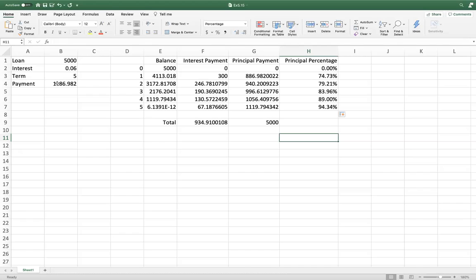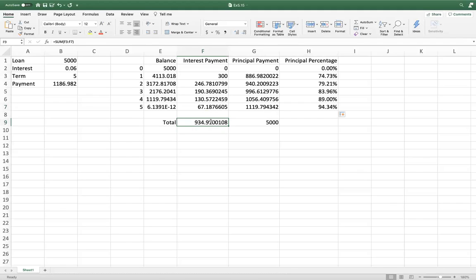Whatever you pay will always be bigger than the interest. So we paid off each interest, and because of that, the outstanding balance is being reduced through time. That's why the percentage made towards principal goes up, from 70 something all the way to 94, right? And then I do summation.